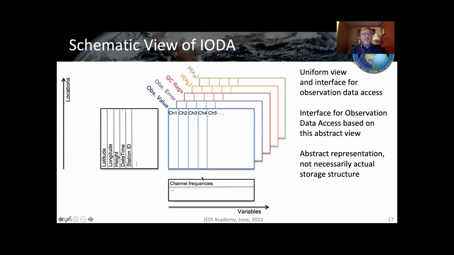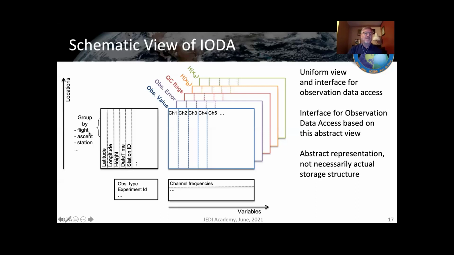And with that, we can have another dimension of metadata that's indexed by the channel dimension, and have it store things like channel frequencies and channel wave numbers. And then we can put general attributes in. So you can see the elements of the data model where we have groups, variables, and attributes in this schematic style of looking at things.